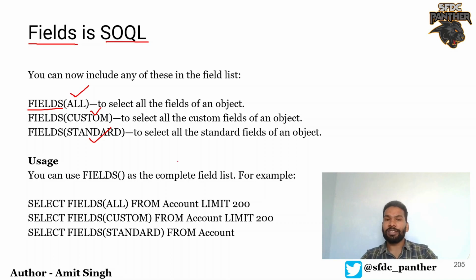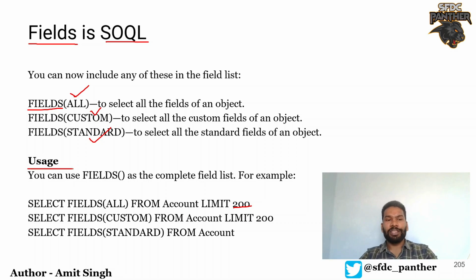Not all the records, there is a limit of 200 records. If you use custom, it fetches all the custom fields and returns 200 records. And if you use standard as the fields value, you can get all the records of that particular object, for example account, opportunity, contact, or any other custom object as well.